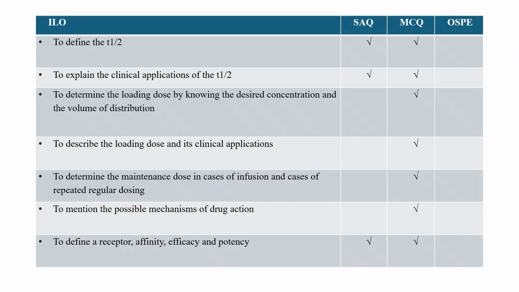and by 5 T-halves, my body will contain only around 3%. So we say that by the lapse of 4 or 5 T-halves, the dose that you have given me, being eliminated under first order kinetics, is going to disappear. So what if you are giving me this dose regularly? If you give me this dose regularly, after 4 or 5 T-halves, the very first dose is going to disappear completely from my plasma.